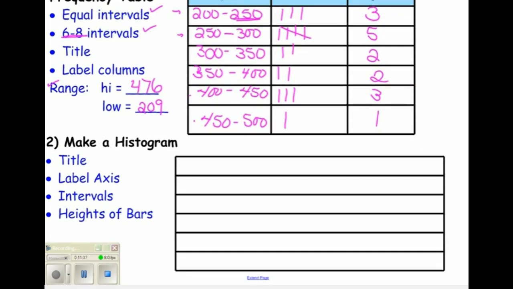Now we're going to take and turn that into a histogram. Once again, you'd want to put your title up here. And then I'm going to put the height, and it looks like the most that occurs is 5 times, so I can go by ones. 1, 2, 3, 4, 5, 6. This would be our frequency, how often the category occurred.